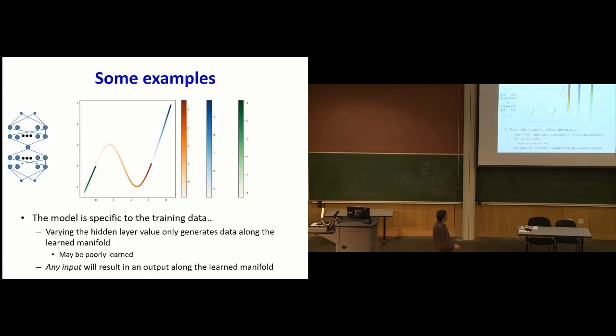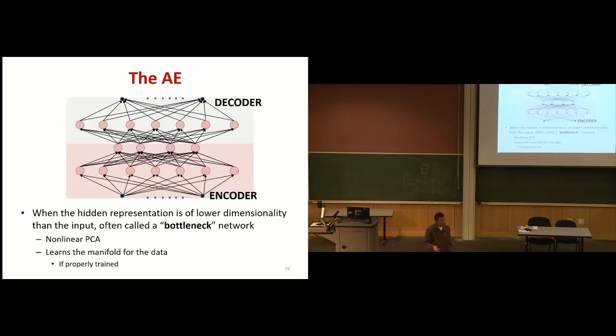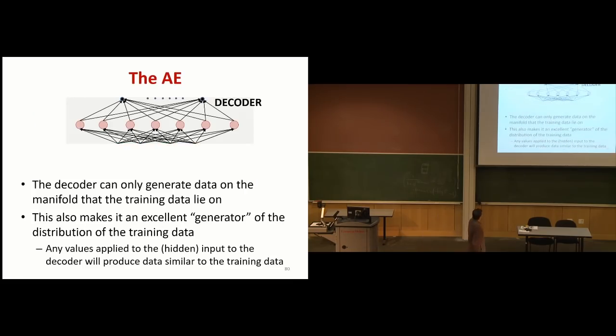So here, for example, if I'm within this region, anytime I give you a new z value within 0 to 6, whatever it generates is only going to lie on the sinusoid, it's not going to lie off the sinusoid, right? And practically, what does this mean? It means that the decoder is an excellent generator of the distribution of the training data.